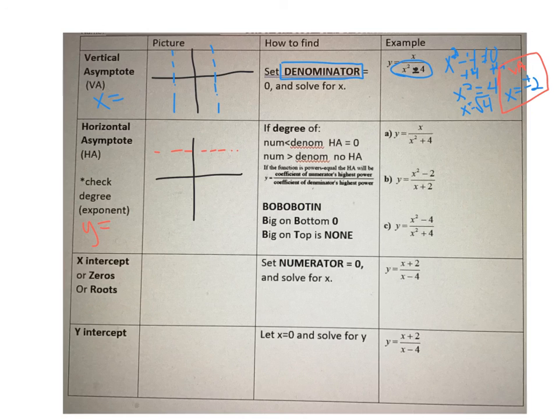And how we determine where a horizontal asymptote is, we look at the degree. If the degree of the numerator is less than the degree of the denominator, so if I have x to the first over x squared, then automatically your horizontal asymptote is going to be 0.